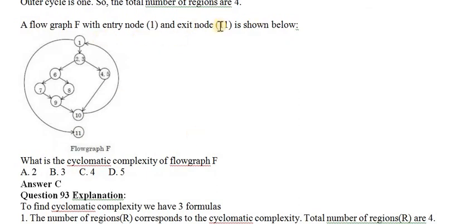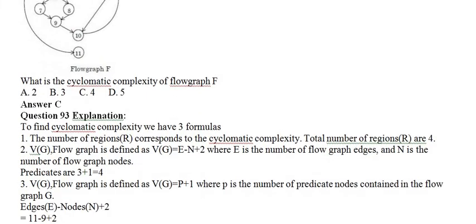Next one is a flow graph F with the entry node, again the same. And what is the question? What is the cyclomatic complexity of the flow graph? We have two very famous formulas to find the cyclomatic complexity of any graph.